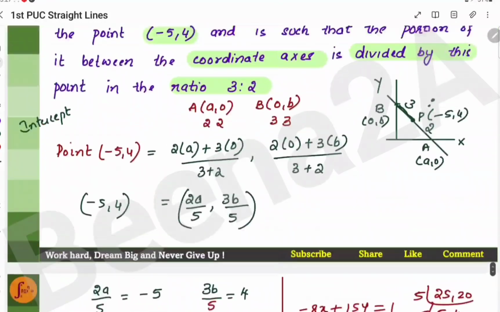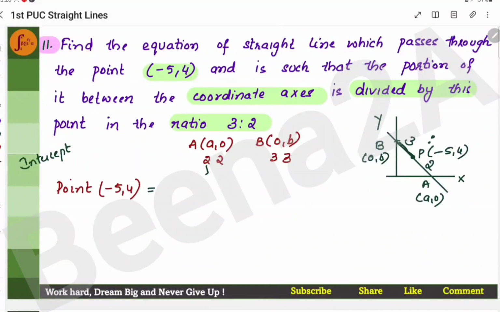Okay, let's solve this. First you will take these coordinates, (a, 0) and (0, b). Now it has to be in the ratio 3 is to 2. Remember, near b, that is near the y-intercept, you put the ratio 3, and near a you have 2.